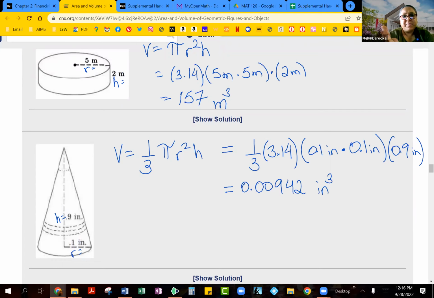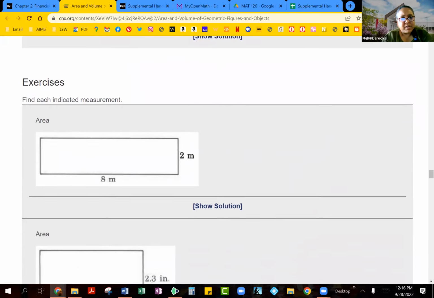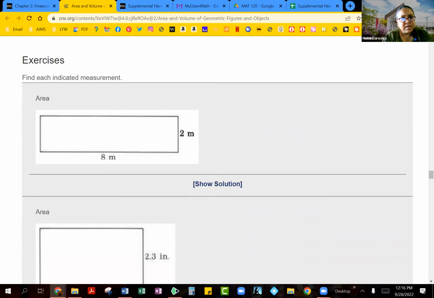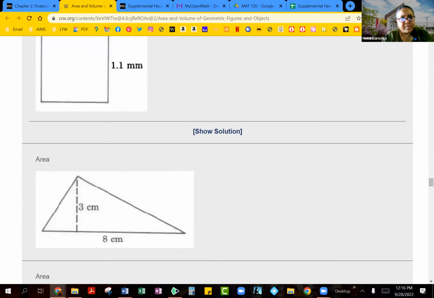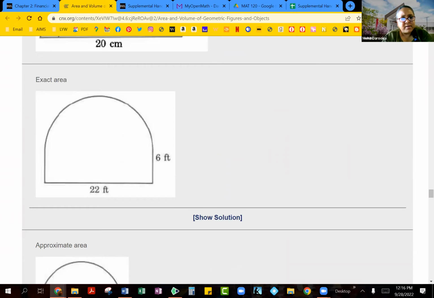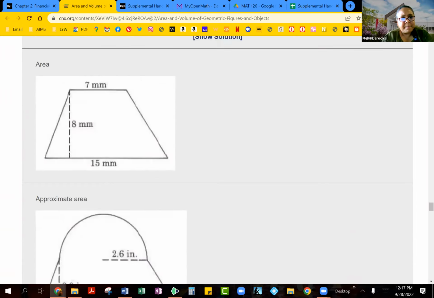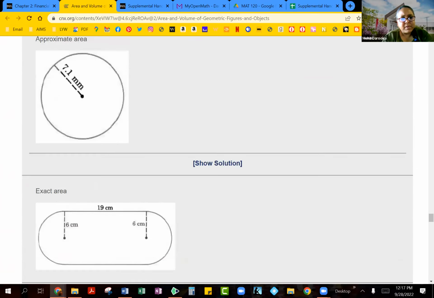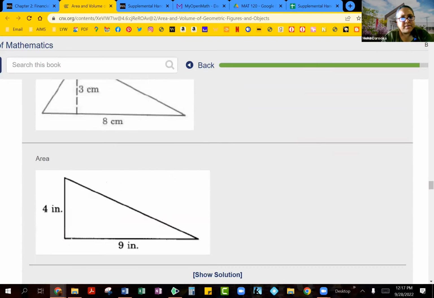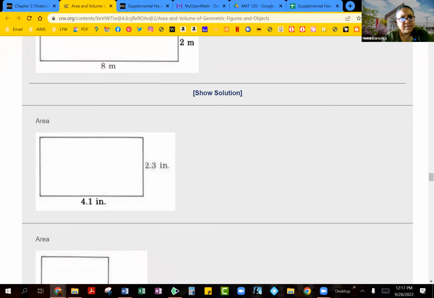Alrighty, so these will be your shapes that are given to us in this section over here, and this is talking about area. Sphere, trying to find a shape that I kind of like.